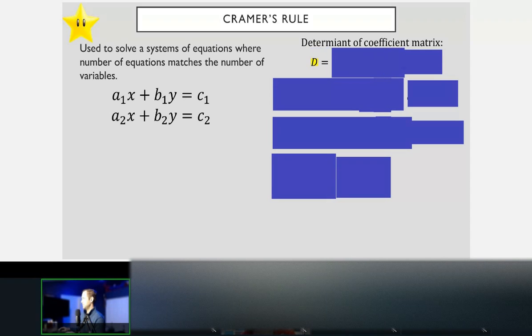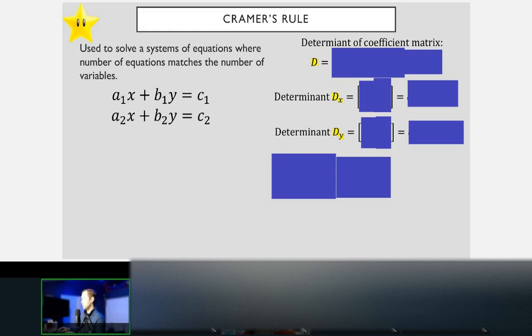We need to determine the determinant of this matrix. We also need the determinant of x, d sub x, and then we need the determinant of y. So these are the 3 things that we need to solve our system of equations.